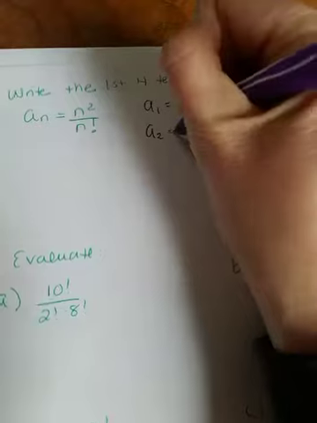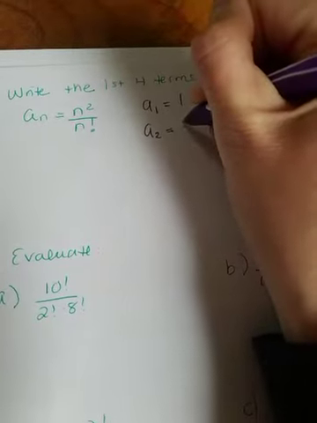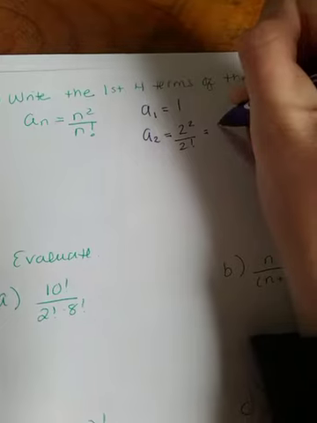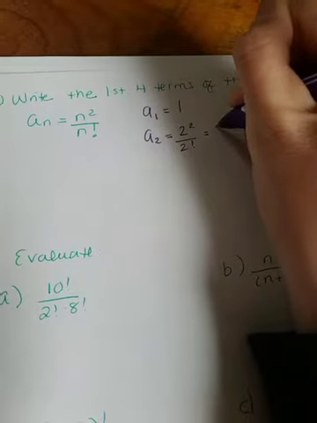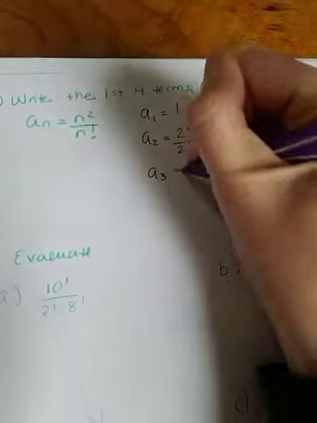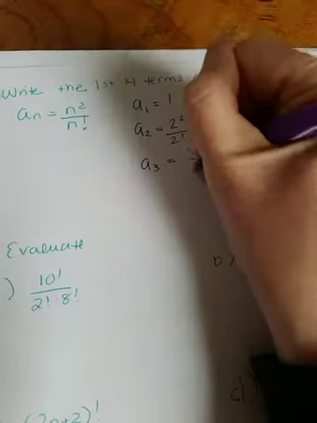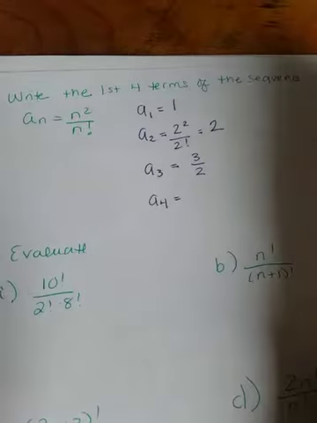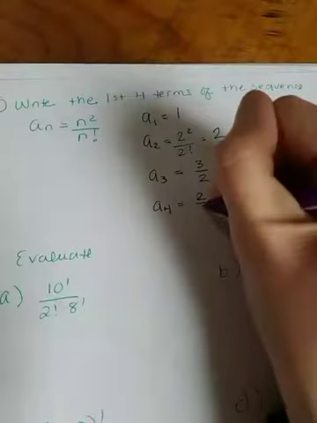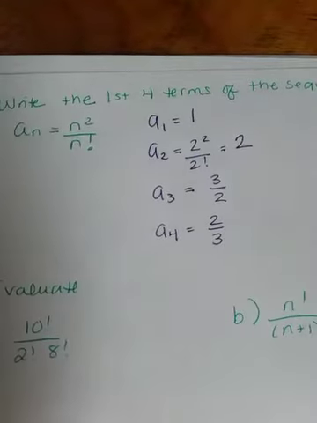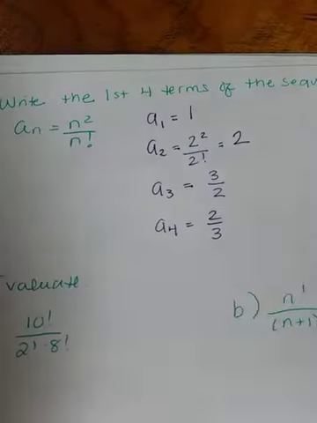A sub 2, that's going to be 2 squared divided by 2 factorial, which is 4 over 2 factorial, which is going to be 2. A sub 3, that's going to be 3 squared over 3 factorial, which ends up being 3 halves. And then a sub 4 is 4 squared over 4 factorial. That simplifies to 2/3.